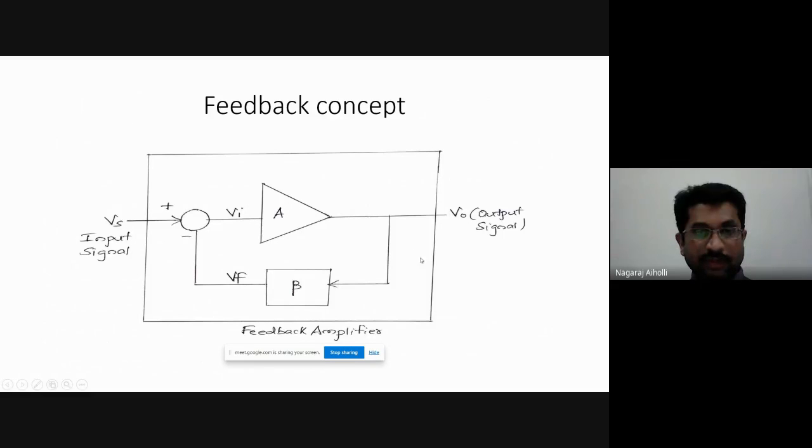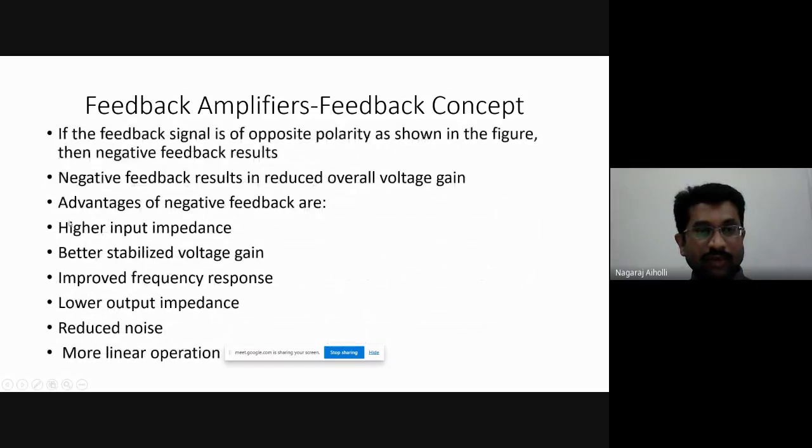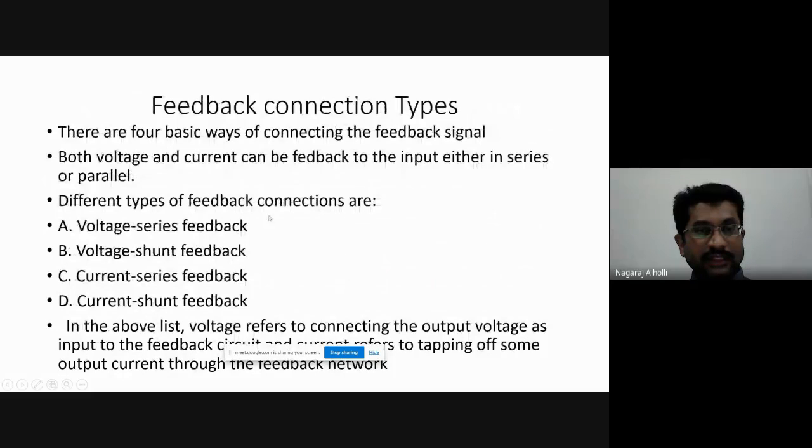I explained what is meant by feedback and what it consists of in the block diagram, then feedback amplifiers, and the advantages of negative feedback circuits. Then we mentioned the four basic types of feedback connections: voltage series, voltage shunt, current series, and current shunt.